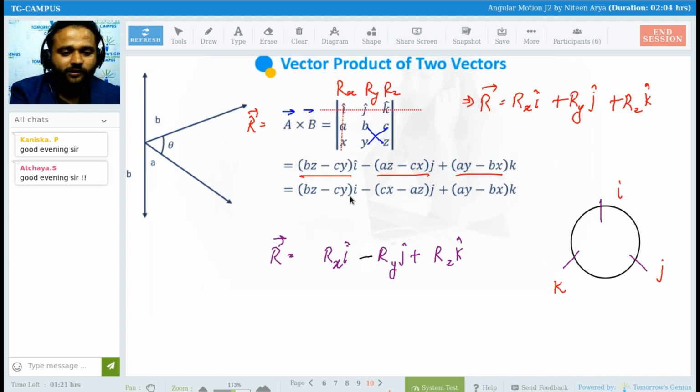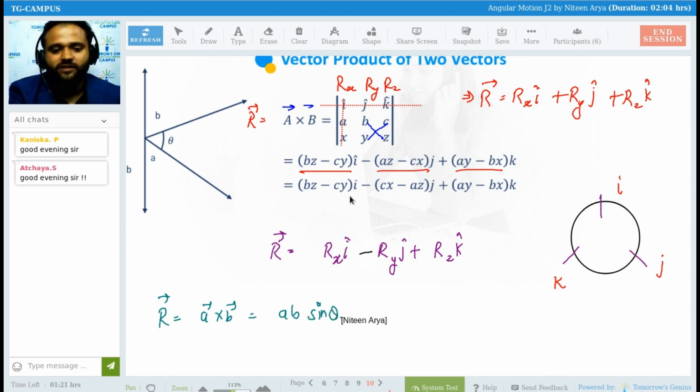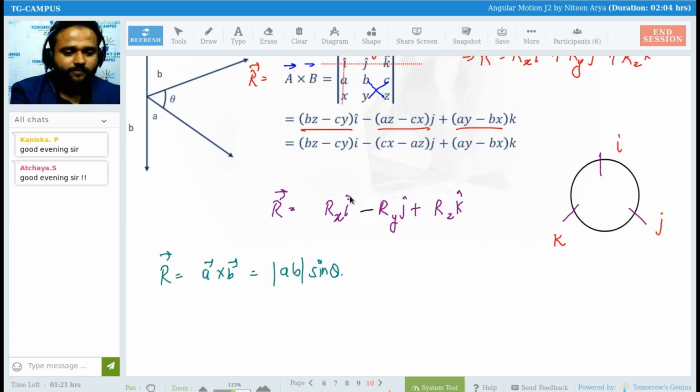And we know in vector product we have R is a vector which is A cross B, and that is AB sine theta. So two-three things altogether are going to be cleared out here. First, in vector product, if we are multiplying itself, A cross A is going to be automatically 0.